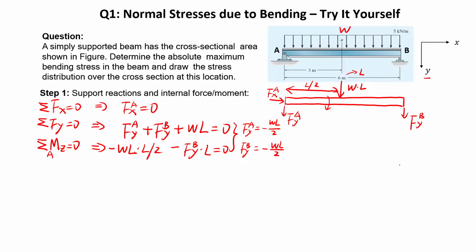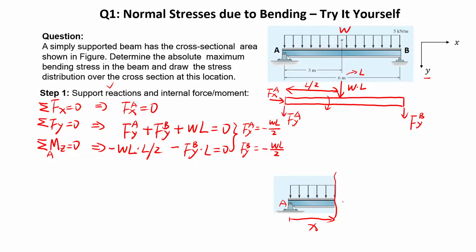So that's step 1 finished. We finished the support reactions, but we need to calculate internal force and moment. To do that, we always need to do a cut, right? Cut at any position. So suppose we cut at any position along the beam, and the distance from that to point A is x.